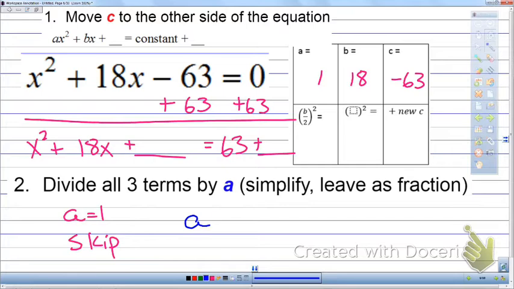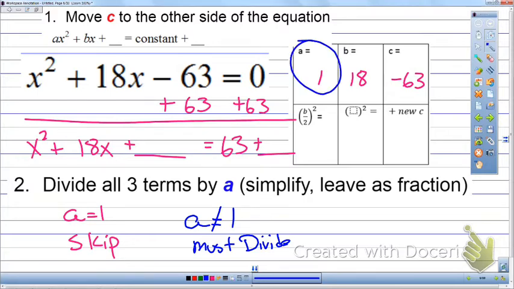If A does not equal 1, if it equals anything else, we have to divide by A. If we can make sure the A value for every problem is equal to 1, completing the square is fairly simple. And in this equation, since our A value equaled 1, we get to skip the division and move to step 3.